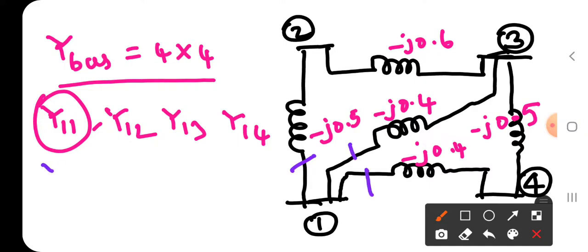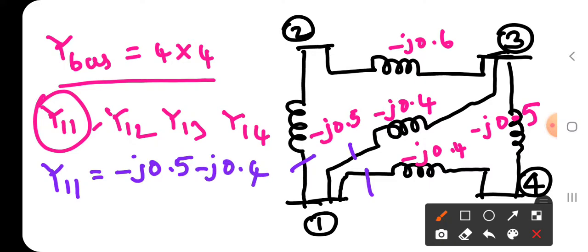So I can write Y11 is equal to minus j 0.5 minus j 0.4 minus j 0.4. How much is this value? Minus j 1.3. This is Y11.